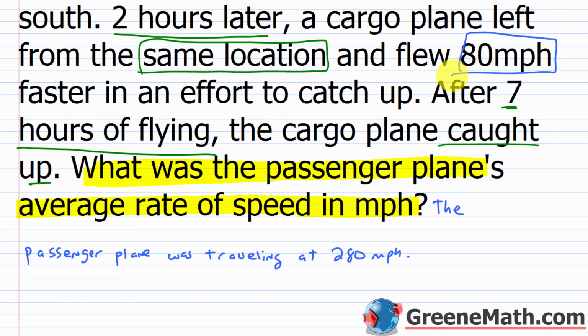So that's its average rate of speed in miles per hour. It does it for 7 hours. If you multiply 360 by 7, you also get 2,520. So the mileage syncs up there. They traveled the same number of miles, so the distances are equal when we check them, so we know I have the correct answer. The passenger plane was traveling at 280 miles per hour.